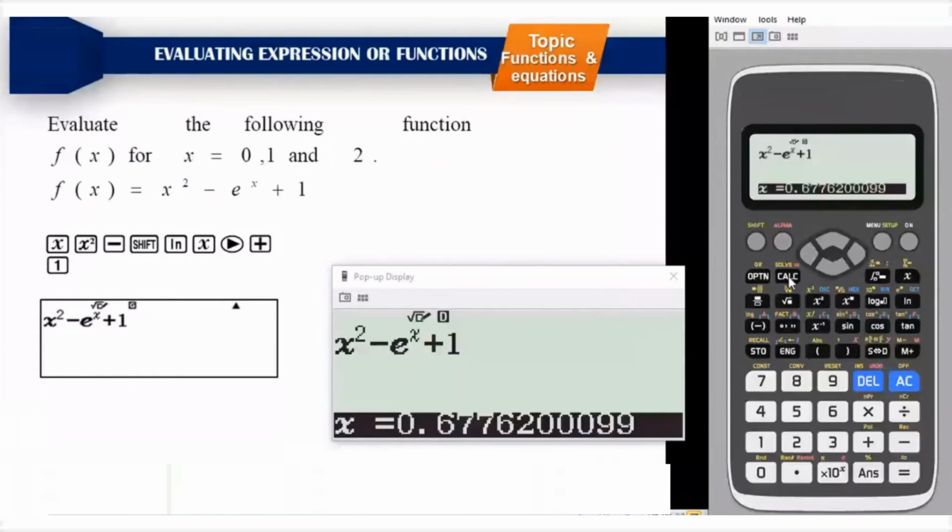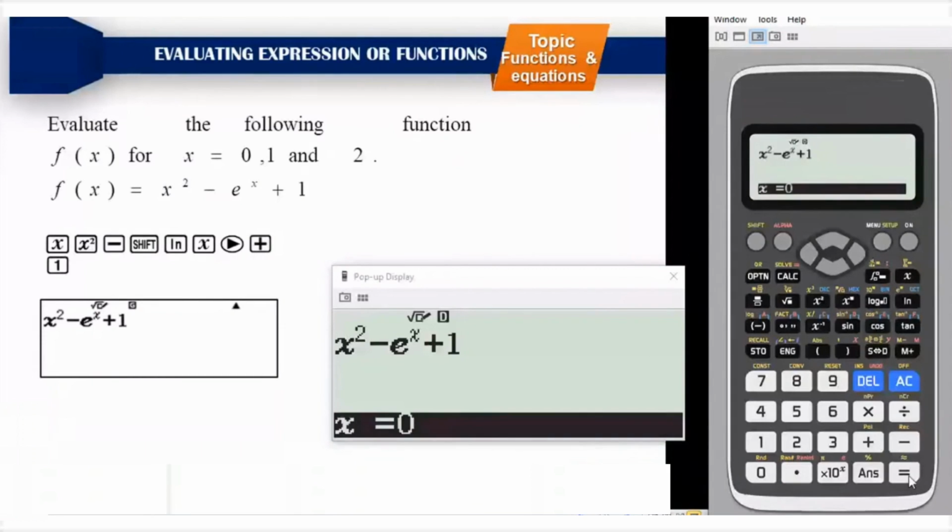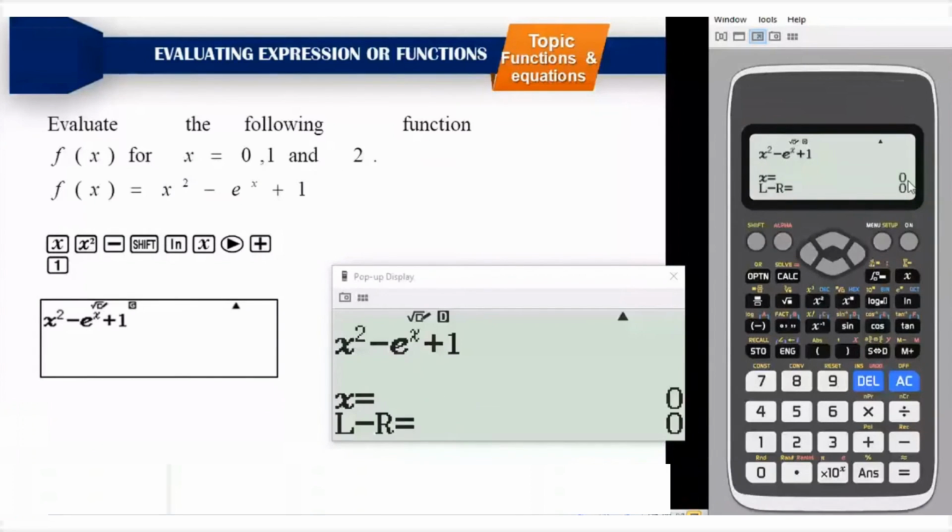I have to keep the value of x as 0, and I will press equals to, because the first value of x is 0. Now I will press equals to. And now please realize that the answer is x is 0 and L minus R is also 0, which means that the answer obtained is the correct answer through the calculator, because L minus R is 0.